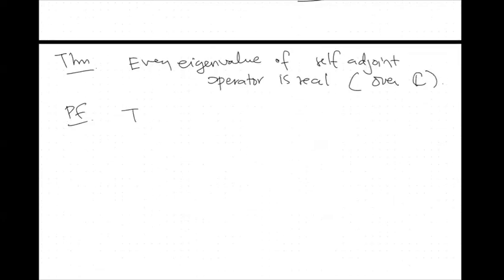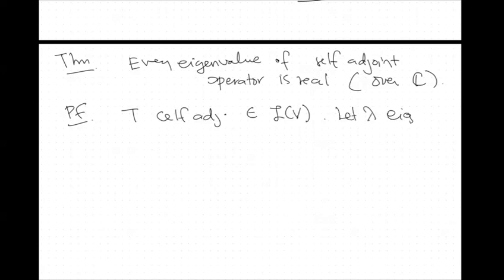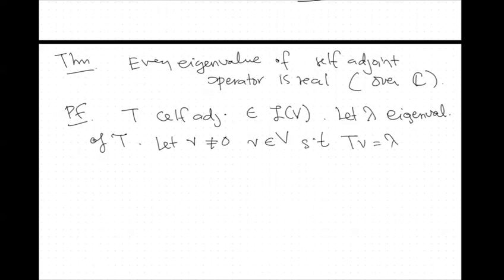So T is self-adjoint, and then let lambda be an eigenvalue of our T. Then let v not 0 be a vector in V such that T of v is just lambda times v.